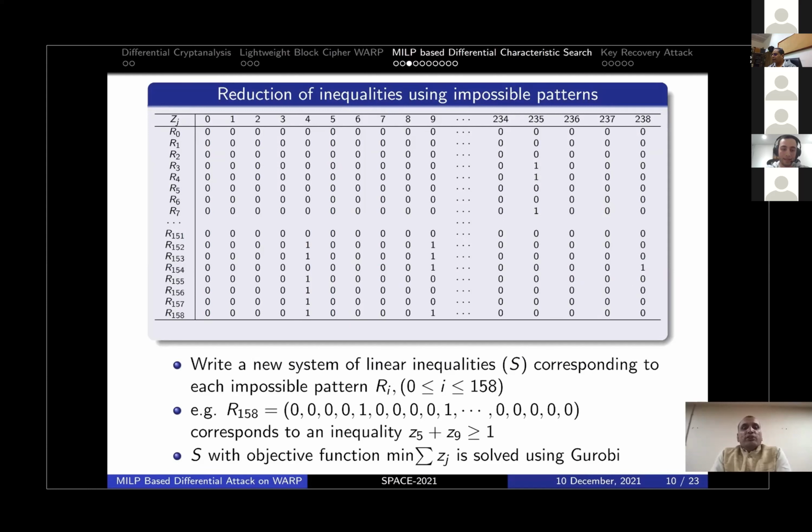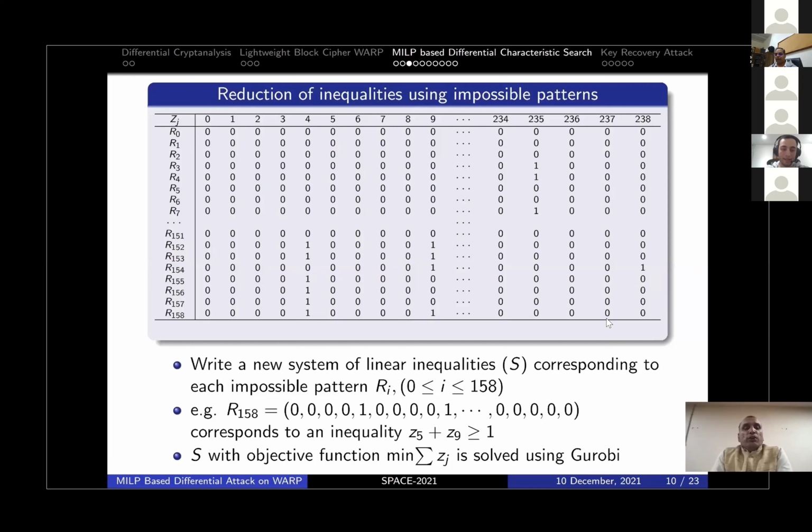So we write a new system of linear inequalities, which corresponds to each impossible pattern. There are 239 inequalities and 159 impossible points in the DDT of the S-box. The inequality which satisfies the impossible pattern is assigned 0, otherwise it is assigned 1. So we have an inequality corresponding to each impossible pattern. For example, for R158, we have Z5 plus Z9 greater than or equal to 1.